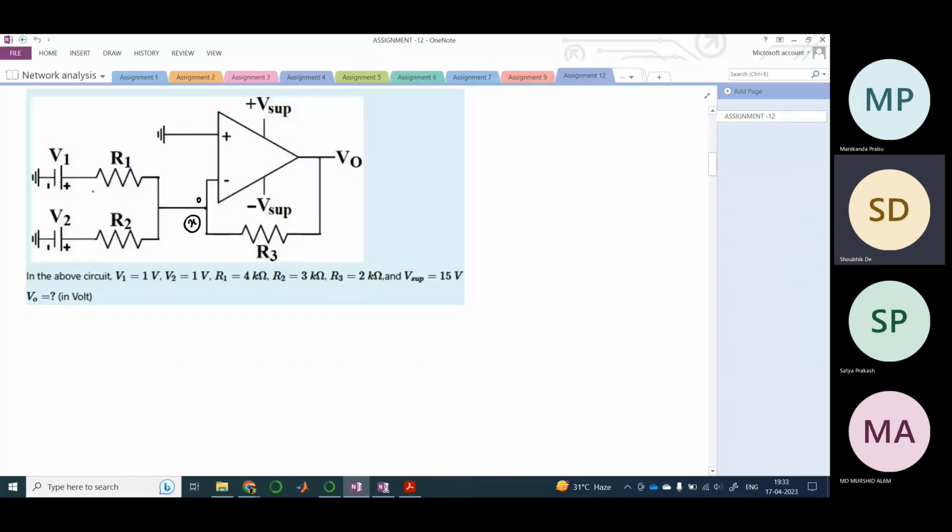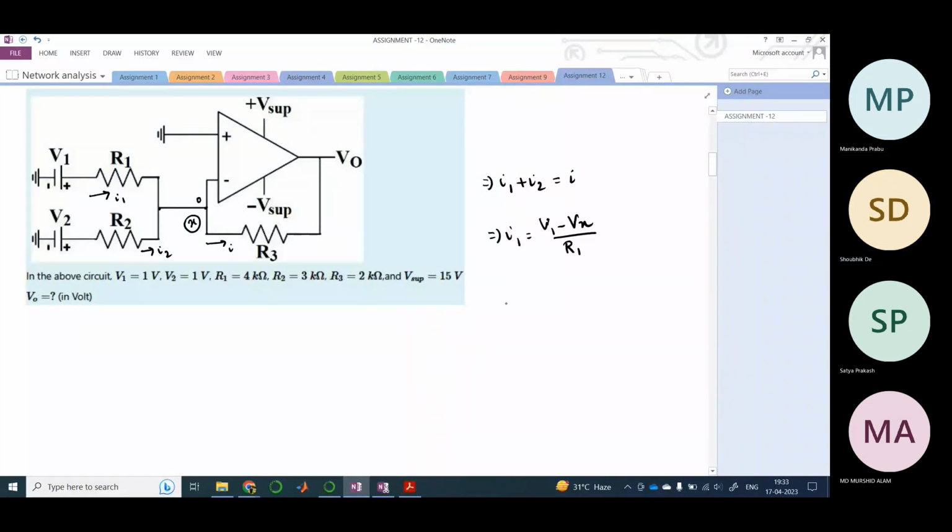So let us say that this is I1, this is I2, and the current that is flowing through this is I. So simple KCL we will apply: I1 plus I2 equals I. Now what is I1? I1 is V1 minus Vx divided by R1, because this is a short circuit path, so the potential here would be the same as this.